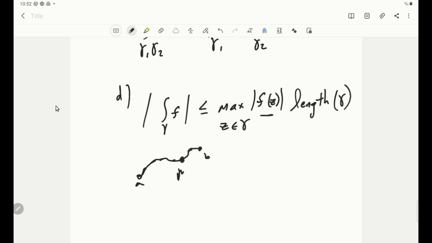If I just assume f is constant at that value through the whole thing, then I just take that value times the length.